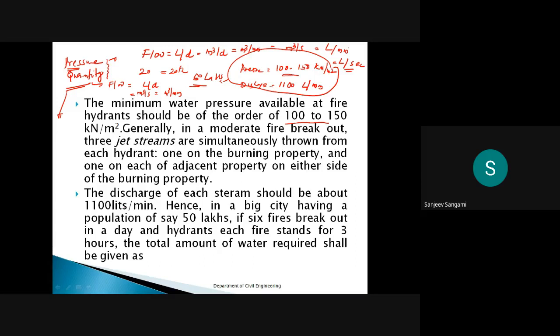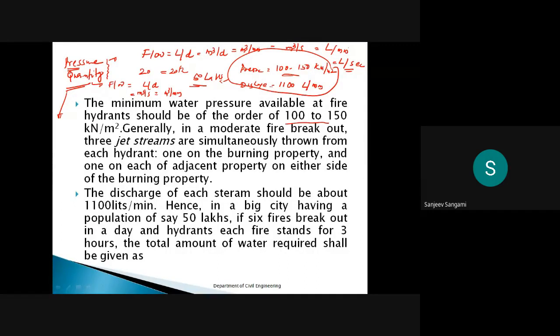So pressure is totally different from the flow. Whenever we are talking about the fire demand, both pressure and quantity should be maintained properly. If the pressure is 100 to 150 kilonewton per meter square, that has to be maintained.